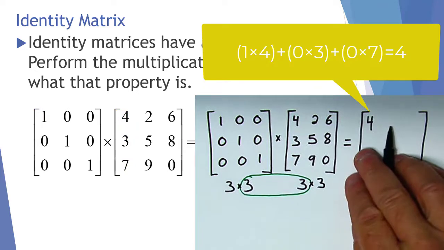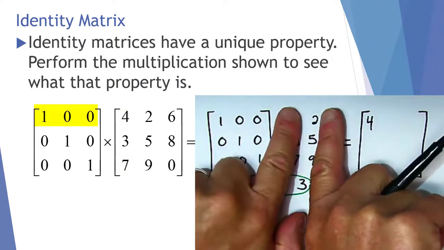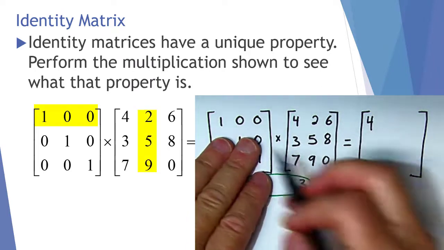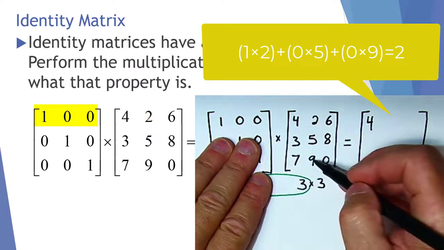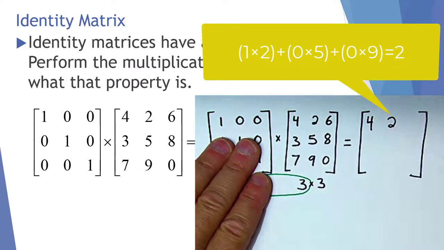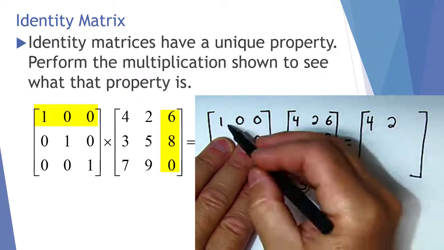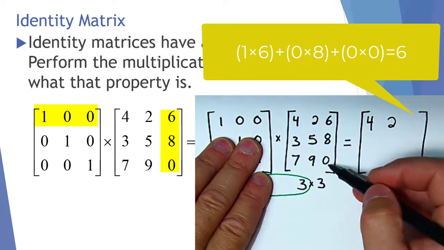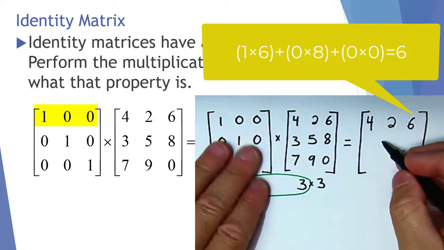To find the top middle entry in my product matrix, I'm going to take the top row and the dot product with the middle column. And so I'll have 1 times 2, 0 times 5, and 0 times 9, which gives us a value of 2. The top right entry will be top row times right column. 1 times 6, that's 6, plus 0 times 8 plus 0 times 0, that's 6 plus 0 plus 0, that's 6.